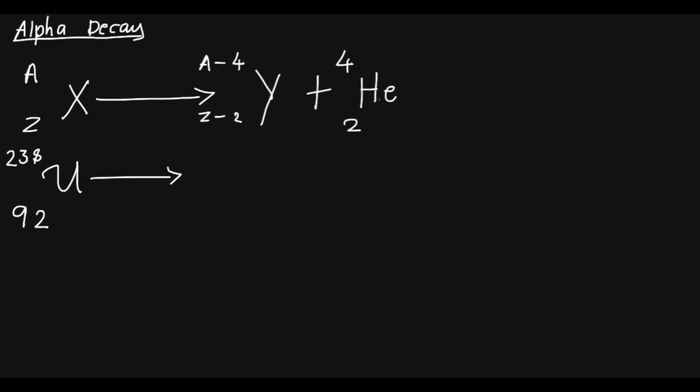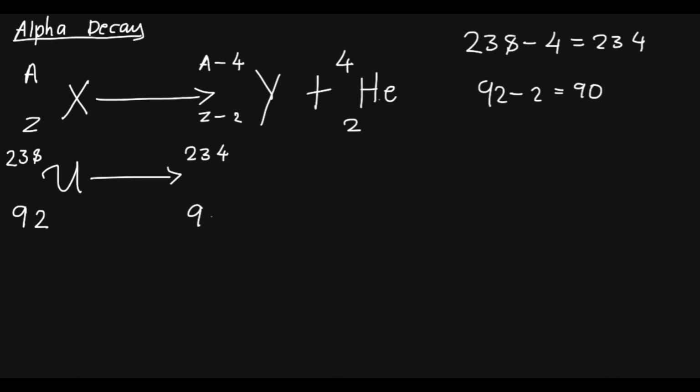So what we are going to do is subtract 4 from the mass number. So 238 minus 4, we get 234. So the mass number is 234. Then the atomic number, you subtract 2. So 92 minus 2 is 90. Then here we have 90.